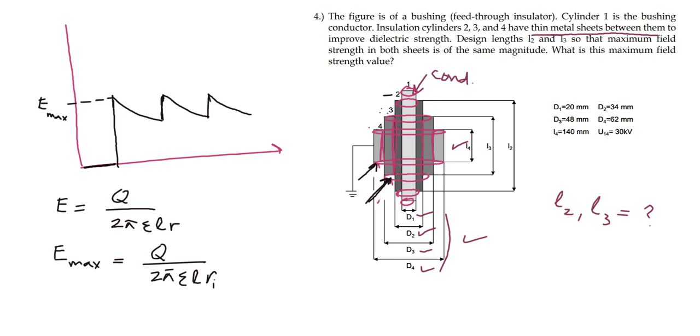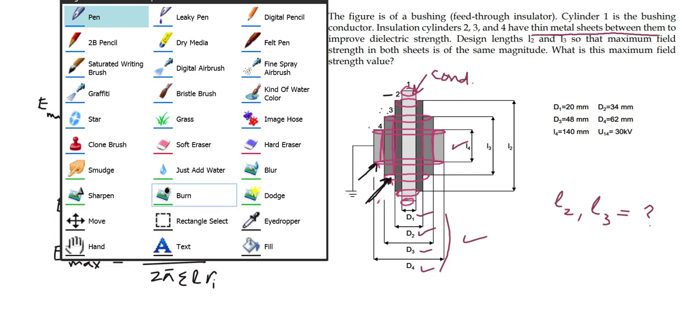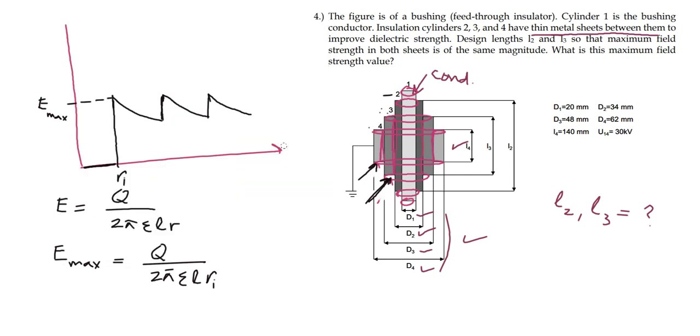So now here we have the maximum electric field. Here we have Ri, for example the radius of the conductor, which we call d1 by 2.